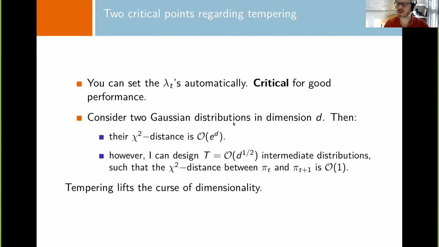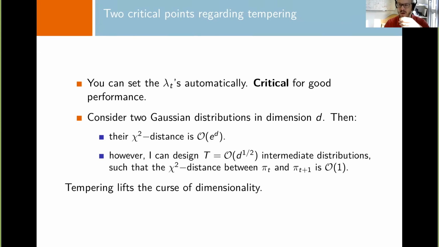And second point, which is not so well known, and I have this recent book with Omiros on SMC methods, and I wrote that in the relevant chapter, is that what is very nice about tempering is that imagine you have two Gaussian distributions in dimension D, okay? And you're trying to do tempering from Gaussian A to Gaussian B. If you like to do importance sampling directly from A to B, you will have a curse of dimensionality.